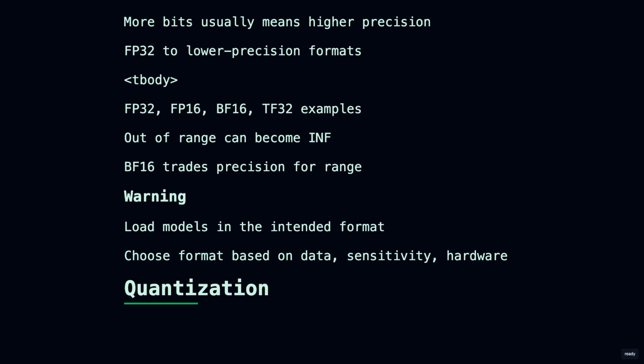In this section, we'll look at quantization, the idea of using fewer bits to store a model's values. That simple change can cut memory use dramatically without changing the model itself.